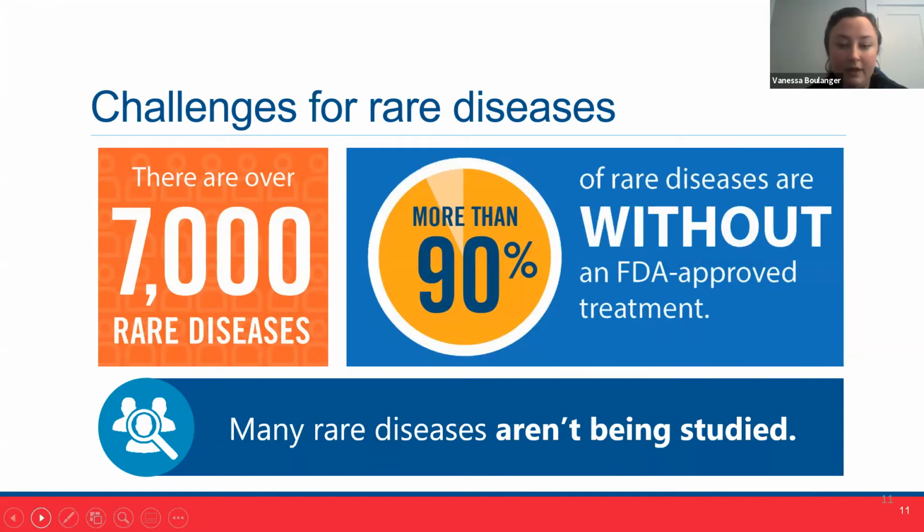Approximately, or more than, 90% of rare diseases do not yet have an FDA-approved treatment or therapy, and many rare conditions are not even being studied yet, meaning that there's very little known about the condition and that there's limited foundational knowledge, if any, that exists in the literature. Next slide.